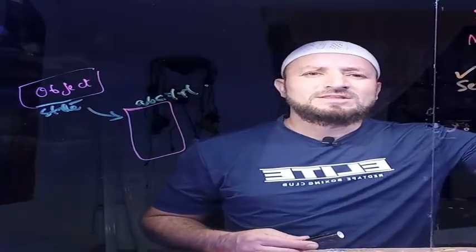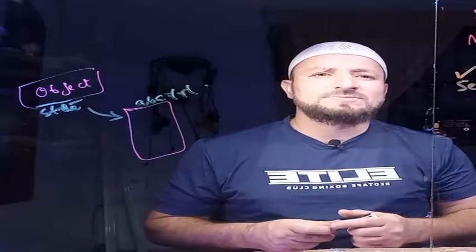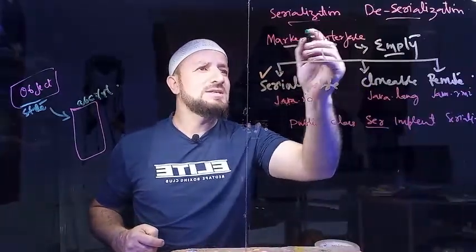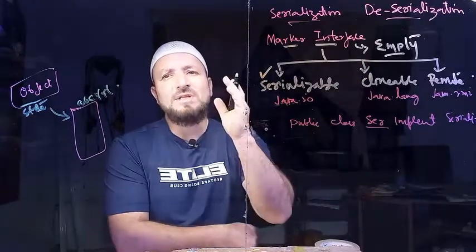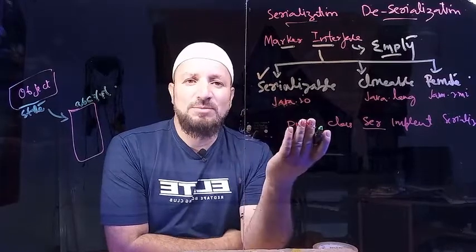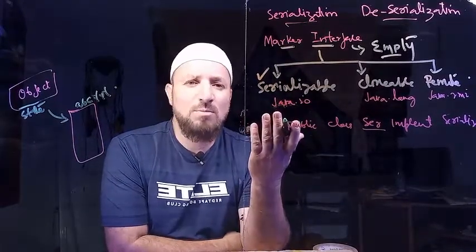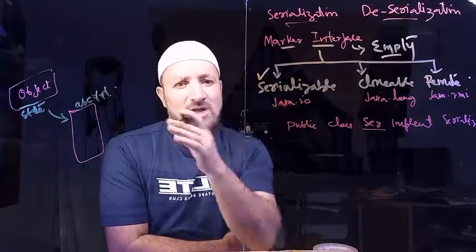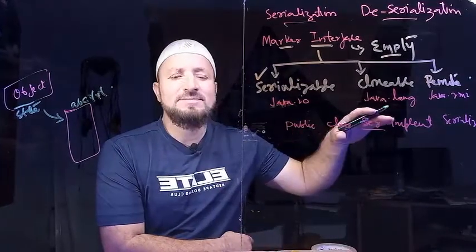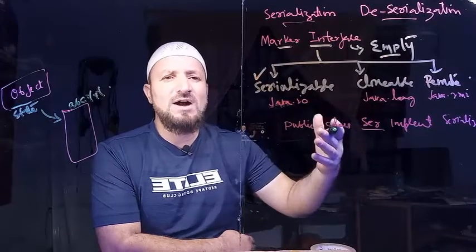So in short, serialization means converting your object to a binary stream, because your object is in a Java form, and you want to transmit it through the lines, or store it in your hard drive or in your file.